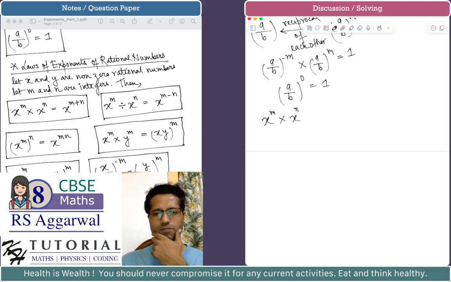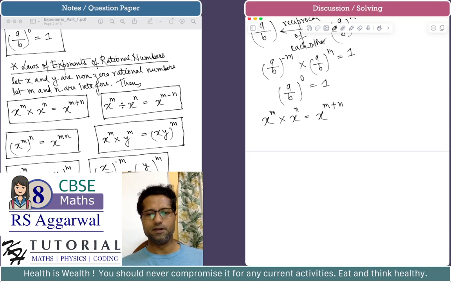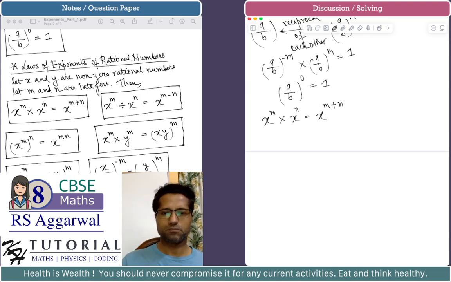The product of two exponents where the base is same and the exponents are different is equal to, the base remains same, we just add up the powers or exponents or indices. So this is the first law of exponents. That is, the powers get added when we multiply two exponents with the same base.